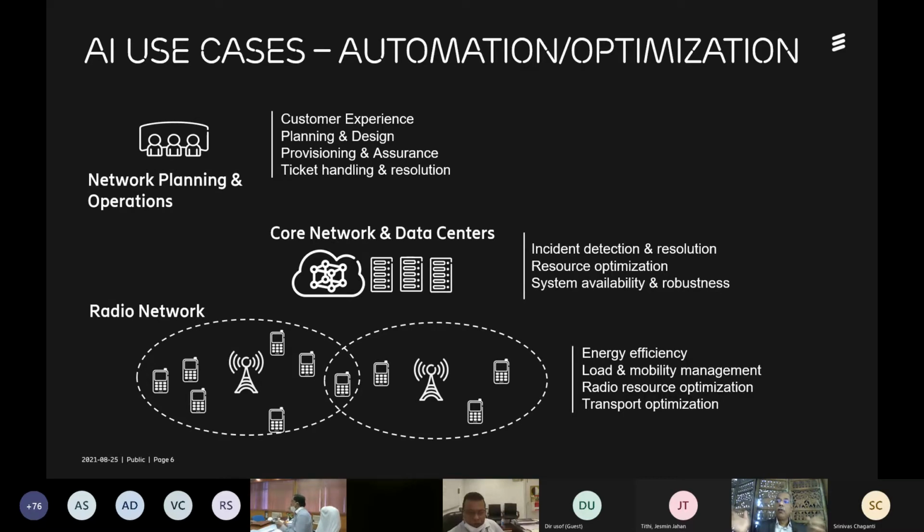How do you adaptively organize your radio network to improve the customer experience under such conditions? When you do that, you may be consuming more power, but you are maximizing customer experience, and when that congestion goes away, you can back off. Such use cases we have worked on.